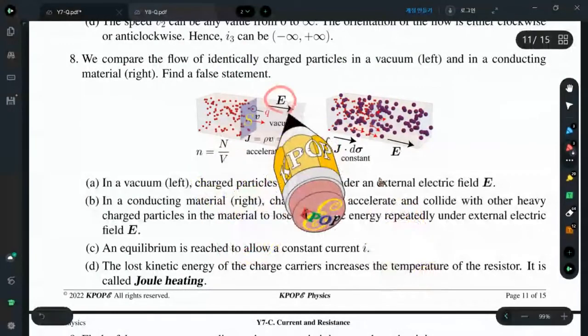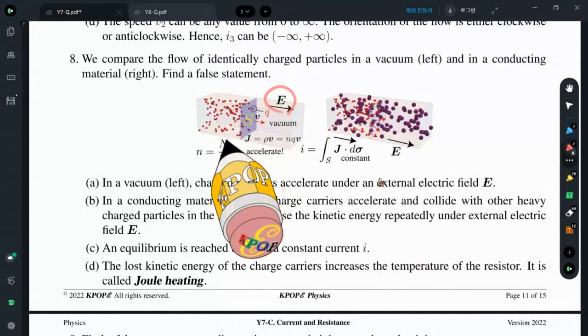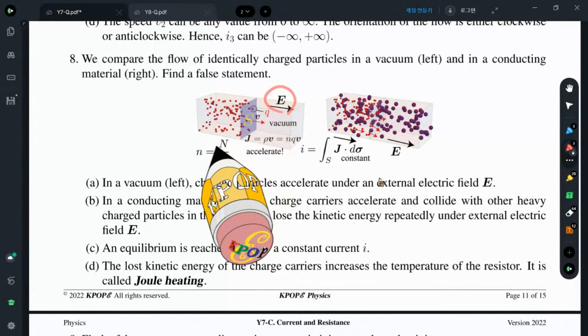Next one. Once an electric field is applied, a charged particle begins to accelerate. If it is in a vacuum, it will accelerate and acquire larger momentum. It becomes faster and faster. However, it doesn't happen inside the wire.